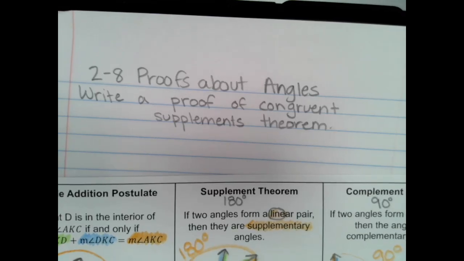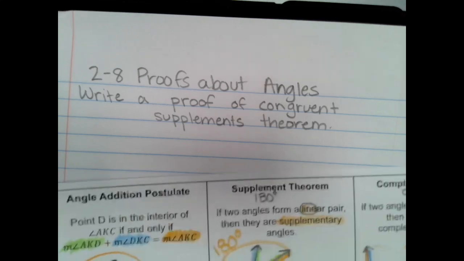When we write a proof about a theorem, what that means is we can't actually use the theorem to prove it. But we're going to start with the if and then do all the connection points to the then, and that way we know the beginning and the end. Okay?